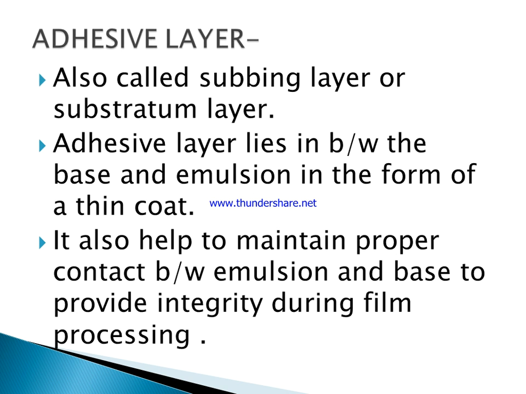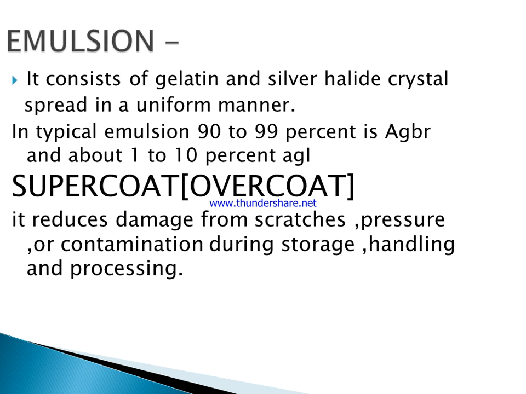The adhesive layer, also called the substratum layer or subbing layer, is present between the base and the emulsion in the form of a thin coat. It maintains proper contact between emulsion and the base to provide integrity during film processing. Emulsion is a layer of the radiographic film which consists of gelatin and silver halide crystals spread in a uniform manner.